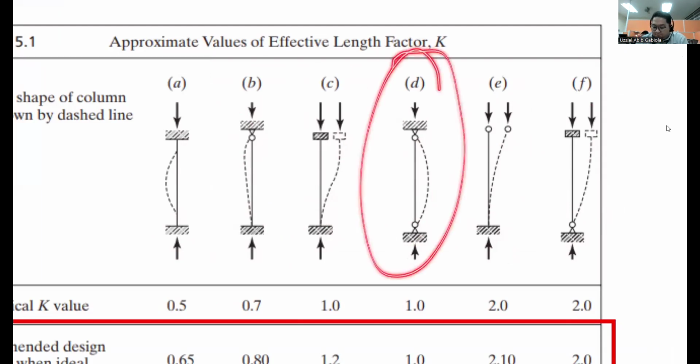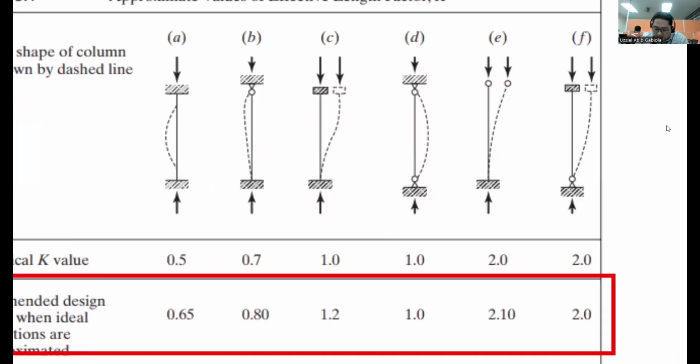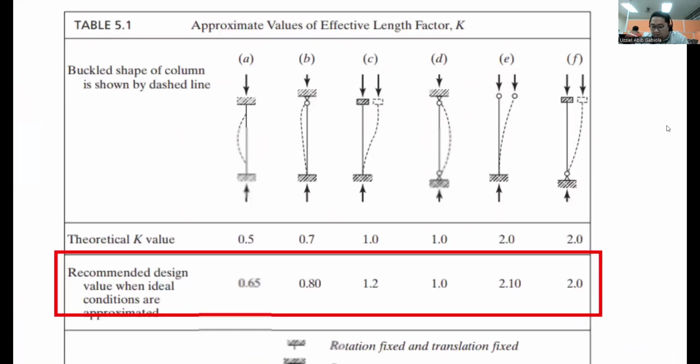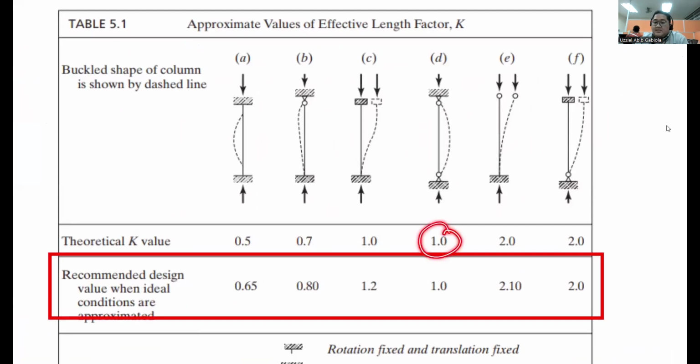Pin-pin connection. So, makikita mo, yung K value niya, 1.0, kasi siya yung original. Okay? So, we have two values here, yung theoretical tsaka yung recommended. Ang gagamitin po natin palagi ay yung recommended po. Never po yung theoretical. Okay? Recommended design value dapat. Okay?